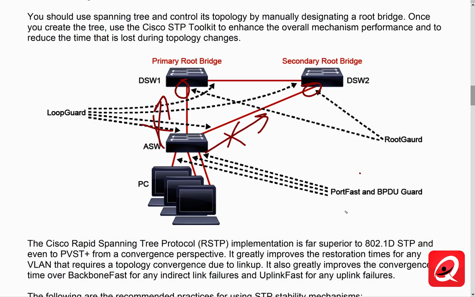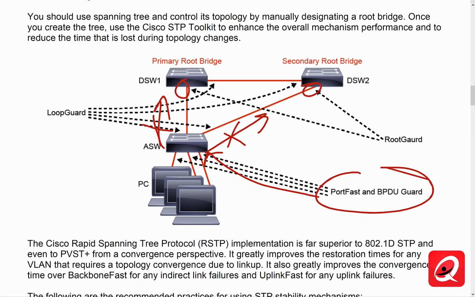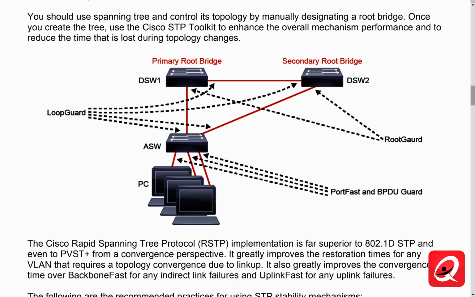We would typically run the PortFast and BPDU Guard features on the edge ports. Loop Guard we would run basically anywhere that creates our backbone, essentially. The Loop Guard feature is not something that we typically use too often, but it does provide us the ability to identify maybe a loss of BPDUs or something in the network.